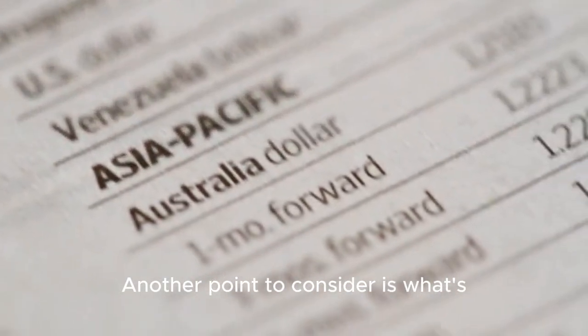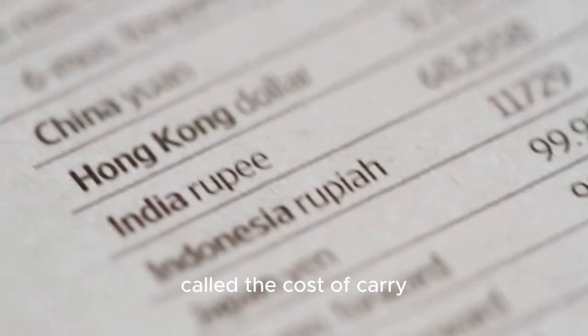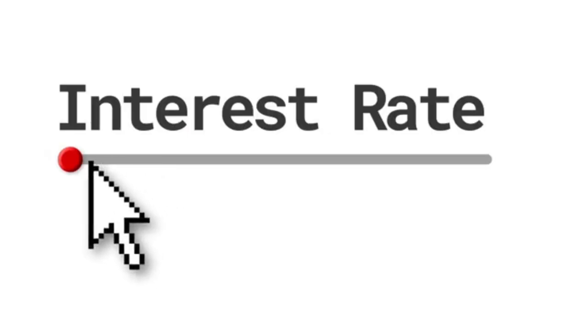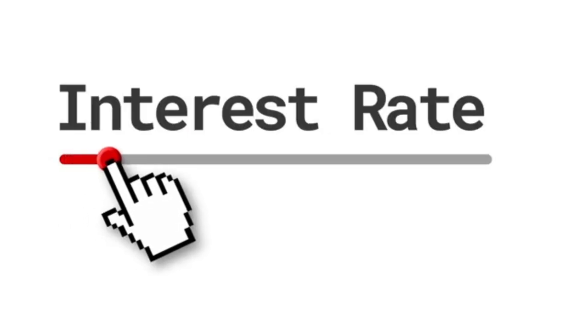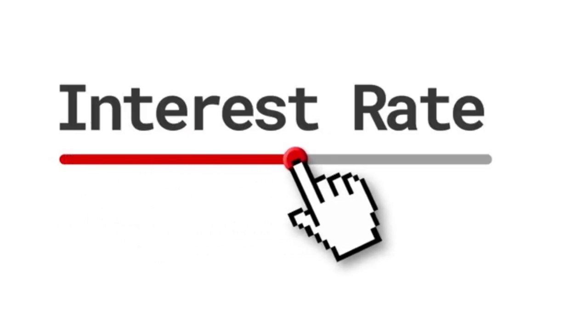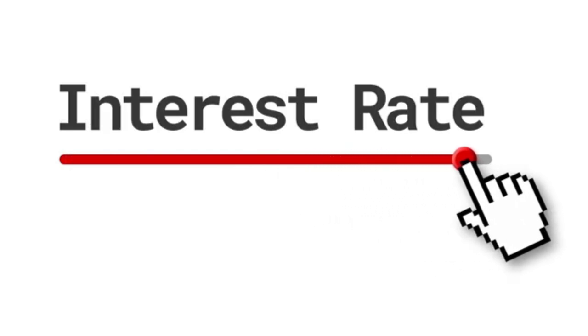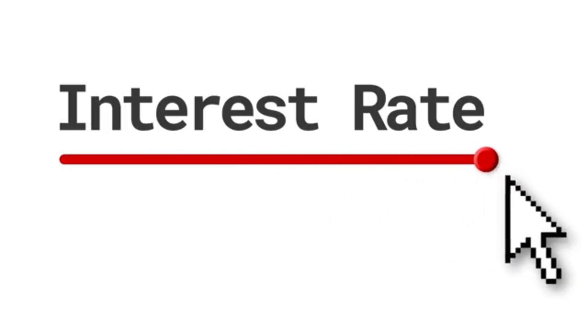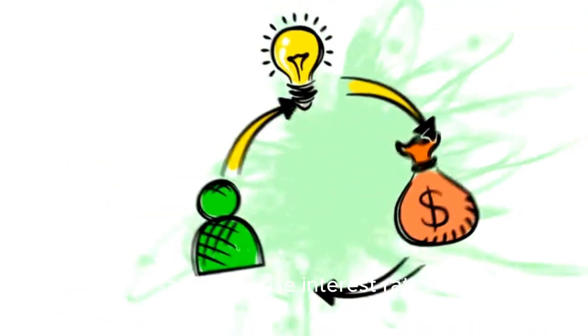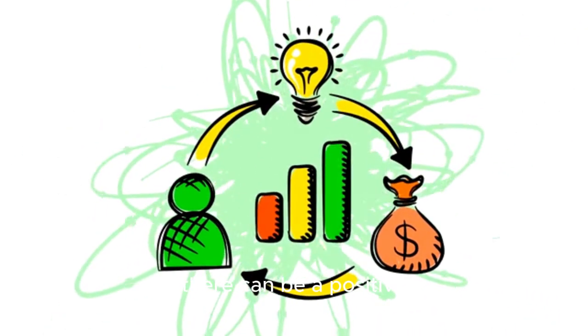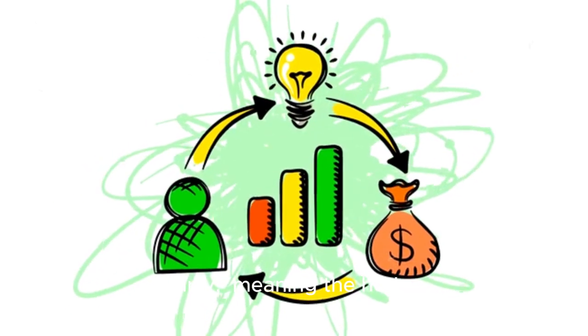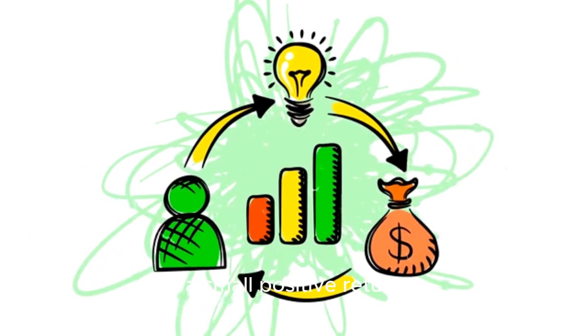Another point to consider is what's called the cost of carry. The forward contracts used for hedging are priced based on the interest rate differences between the two currencies. If US interest rates are higher than, say, Japanese interest rates, there can be a positive carry, meaning the hedge can actually contribute a small positive return.